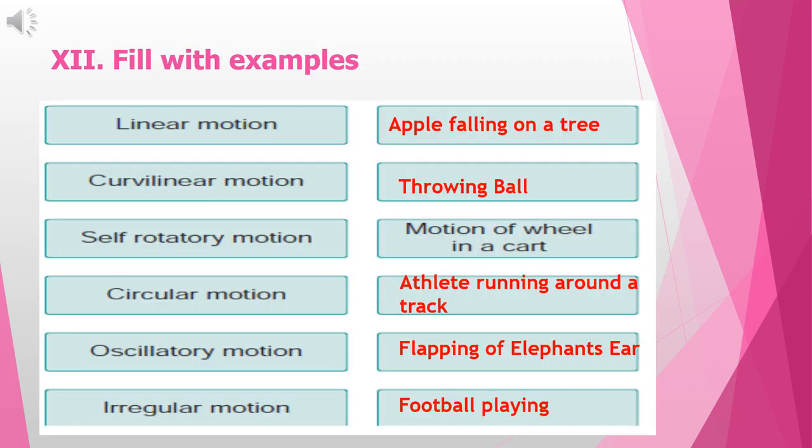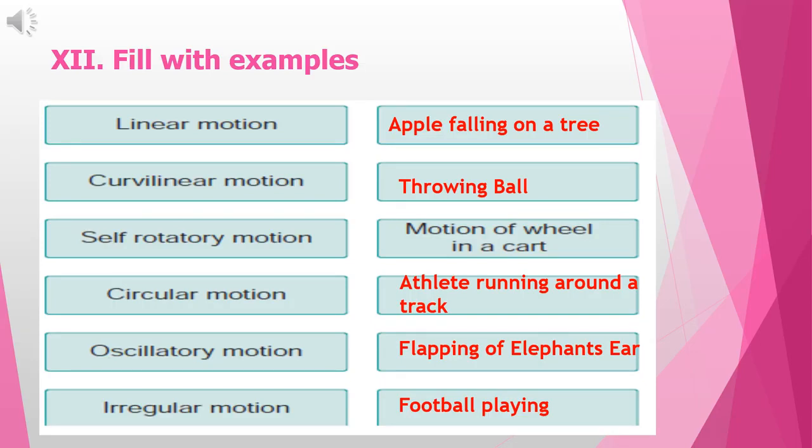Letter 12. Fill with examples. Linear motion. Linear motion, moving in a straight line. Example, apple falling from a tree. Curvilinear motion, moves in a curved line. Example, throwing a ball.